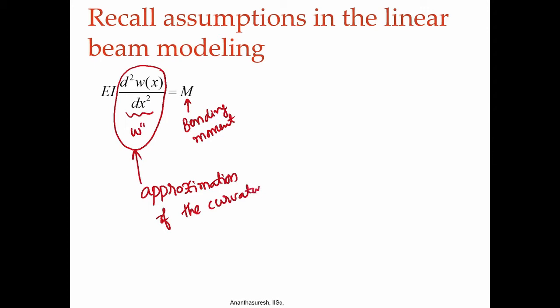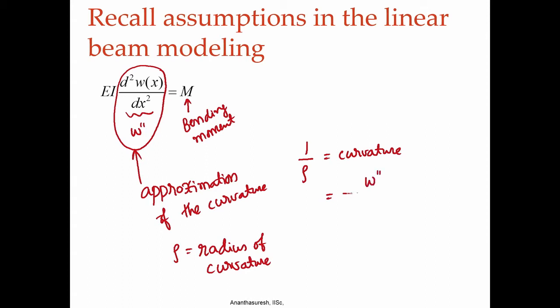So, curvature, which is the reciprocal of the radius of curvature rho, is given by W double prime divided by (1 plus W prime squared) raised to 3 over 2.